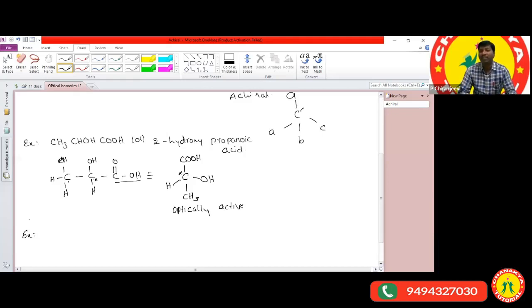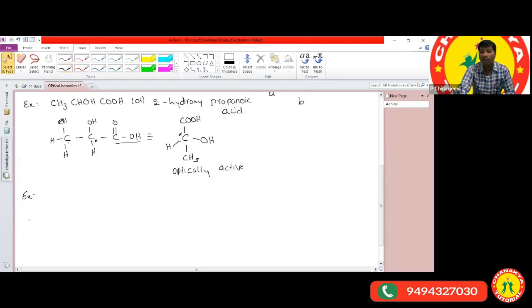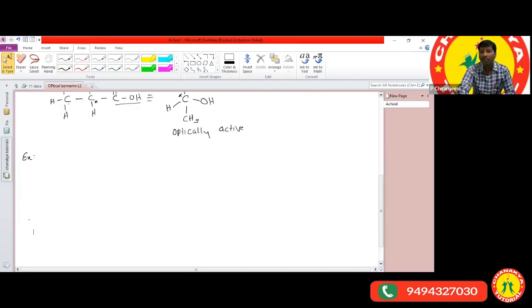In mains exams also they ask these questions: they give some structure and ask whether the given compound exhibits optical isomerism or not, simply as a condensed formula. In some places they give only the name. So, for example, I'll give one more structure here.